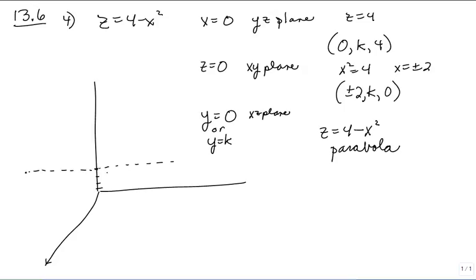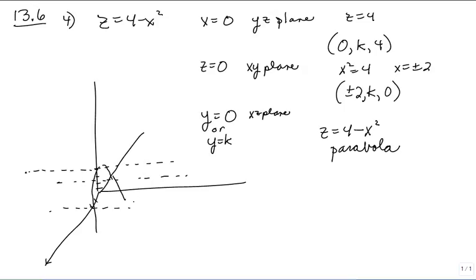We get these lines on the side in the xy plane, and then we get these parabolas that kind of go through that.